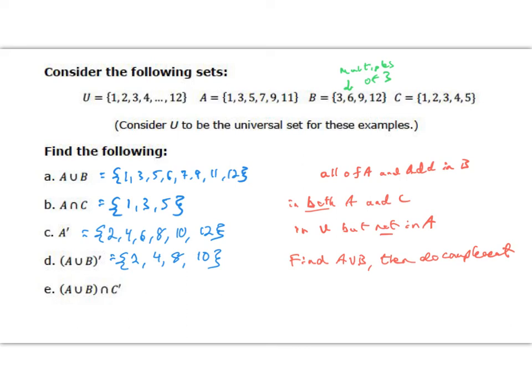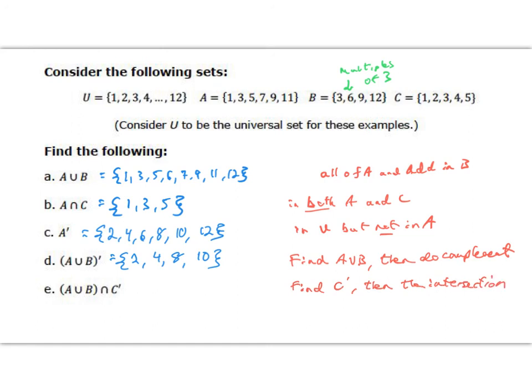Okay, and now we've got a real complicated situation here next. This is where we take the union of A and B, and then we have to intersect it with C's complement. So here's what I would do first. I would find C complement, then the intersection.